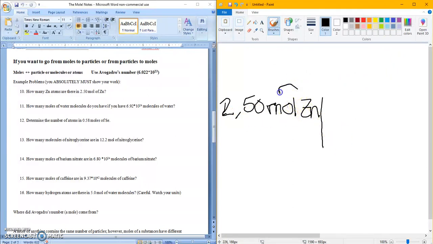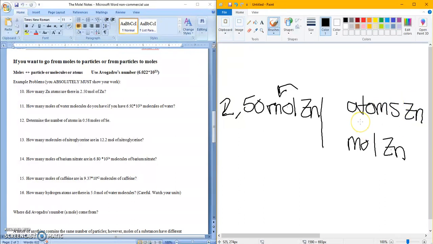Then the moles, that's the unit I'm trying to change. So I'm going to put that on the bottom, moles of zinc. And then I want to get to atoms. It tells me that I want to get to atoms, so I'm going to put atoms up here. Atoms of zinc. Now, this is where I start using my numbers.